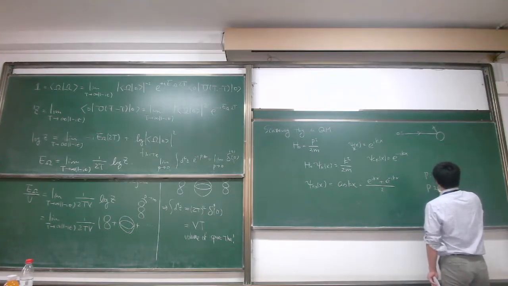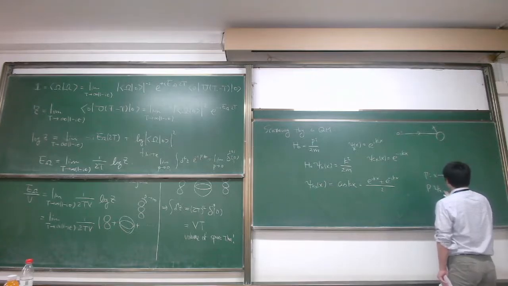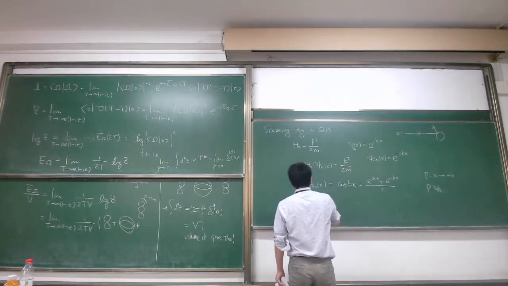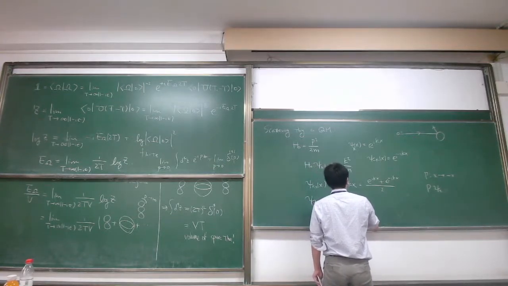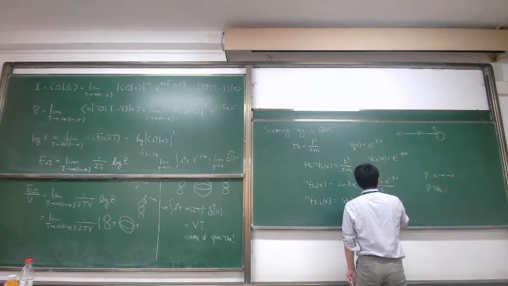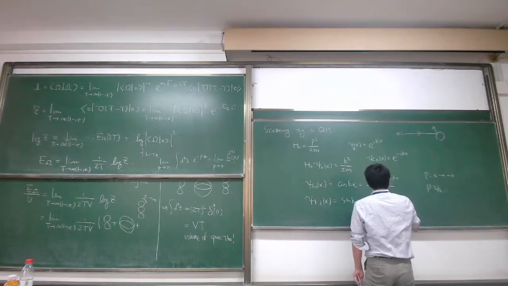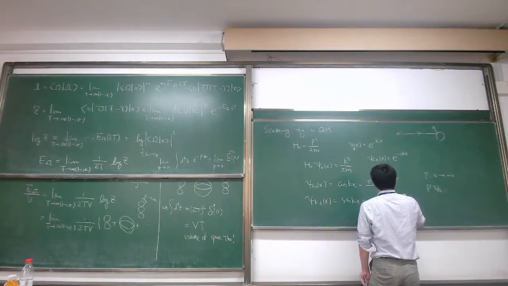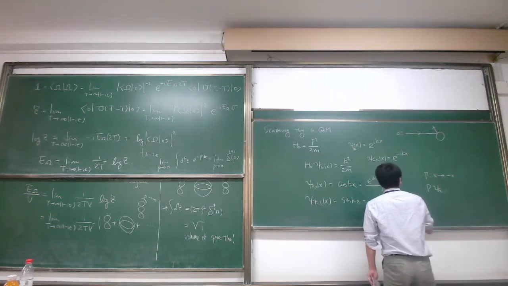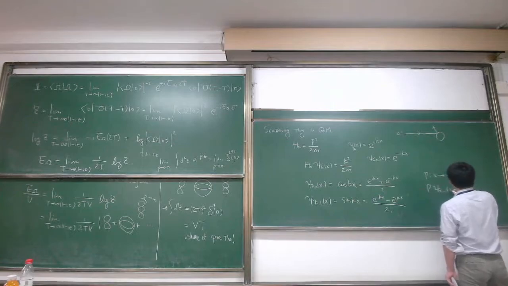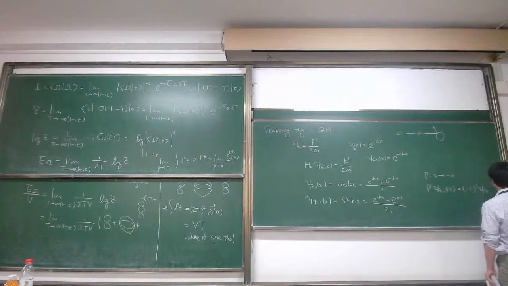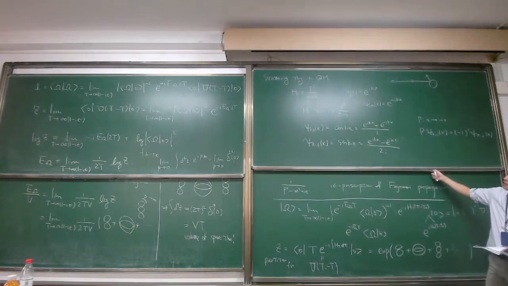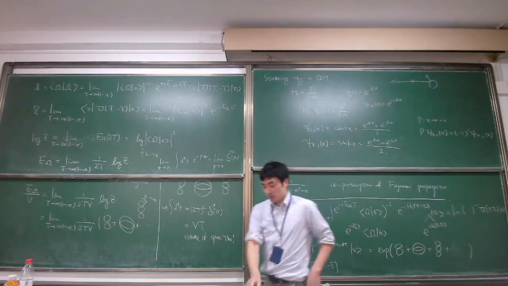The other is sine kx, a linear combination of these two. Under the parity transformation you will get this. Everybody knows that, super easy.